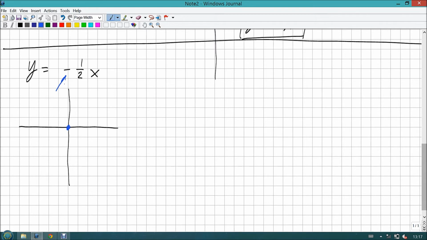Because it's negative, that means I go down. So I'm going down 1 and to the right 2. Down 1, run 2. Up 1, retreat 2. And that gives us our beautiful direct variation line.